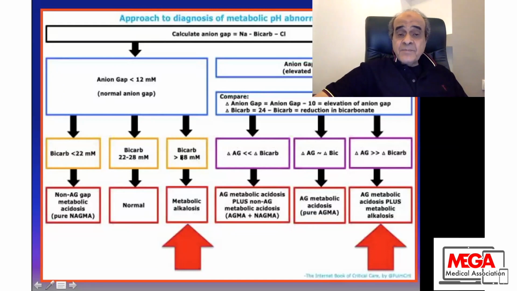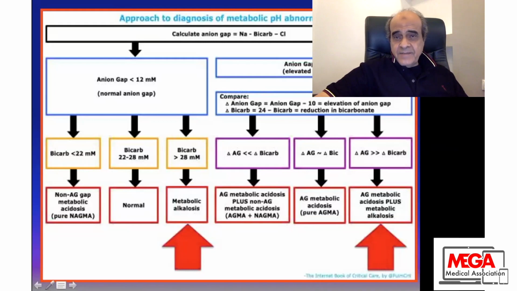If the bicarb is more than 28 millimole, this is a metabolic alkalosis. But there is another type of alkalosis, which is missed or concealed metabolic alkalosis, which is associated in some patients with metabolic acidosis.